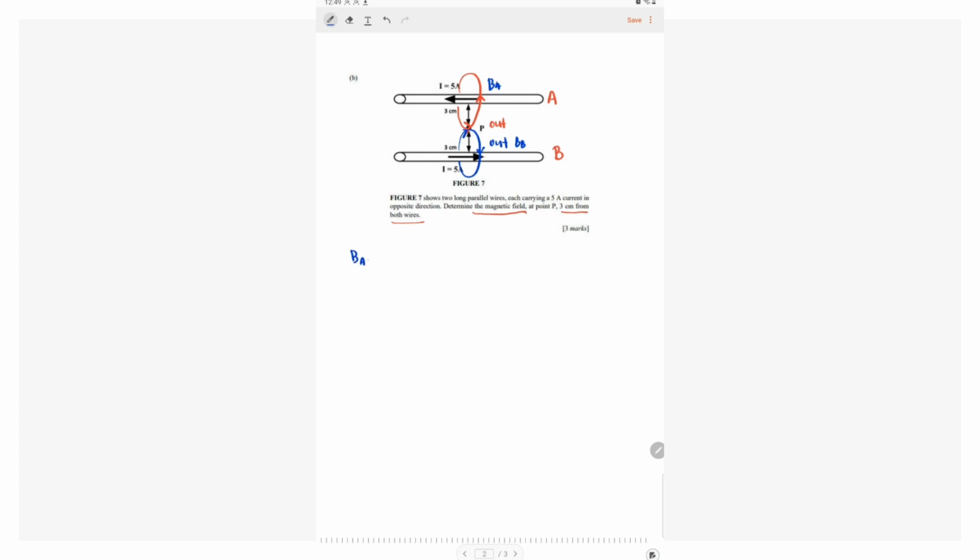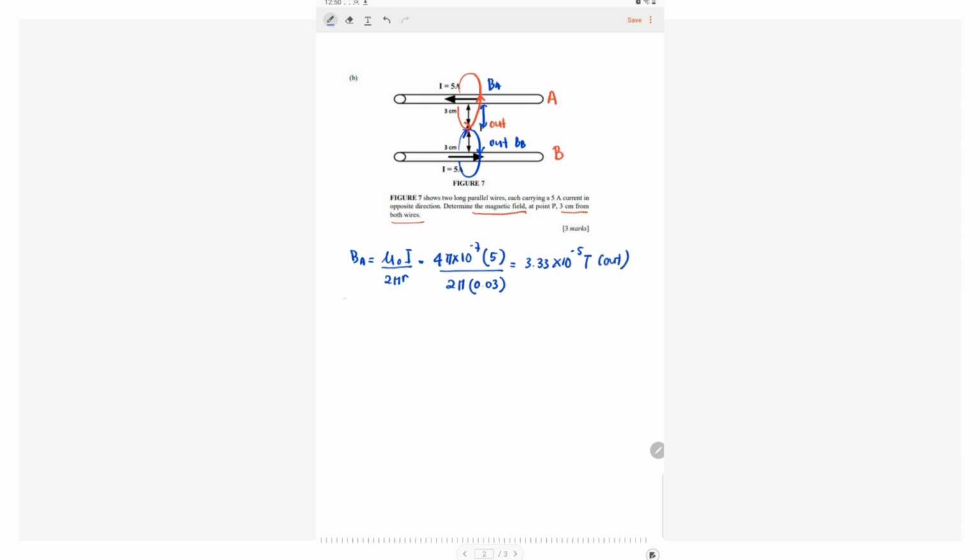Untuk A, kita guna formula mu naught I over 2 pi R. Mu naught dia 4 pi darab 10 negatif 7. I dia untuk A adalah 5. 2 pi R adalah R daripada conductor kepada point yang kita nak ukur tu. So jarak dia adalah 3, 0.03. Dapat jawapan 3.33 darab 10 negatif 5 Tesla. Arah ke mana?